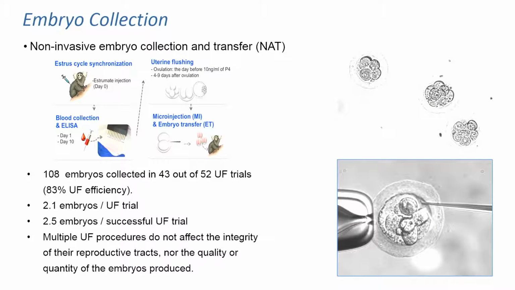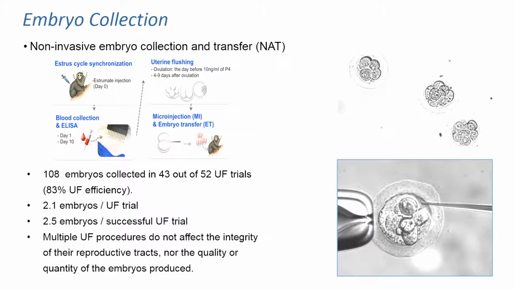I'm going to skim through these slides, but basically we can collect these embryos non-invasively. If you pair a male and a female, allow them to mate naturally, because we know the cycle of the female, we know exactly when to collect this, and we got really good at collecting the expected number of embryos every time we attempt to do this.